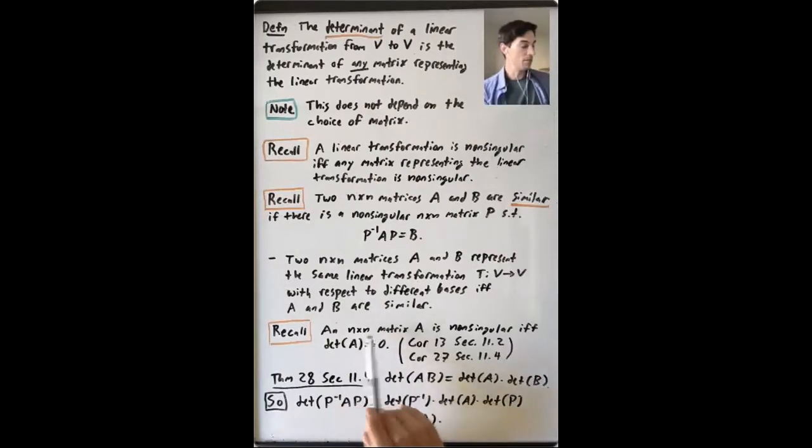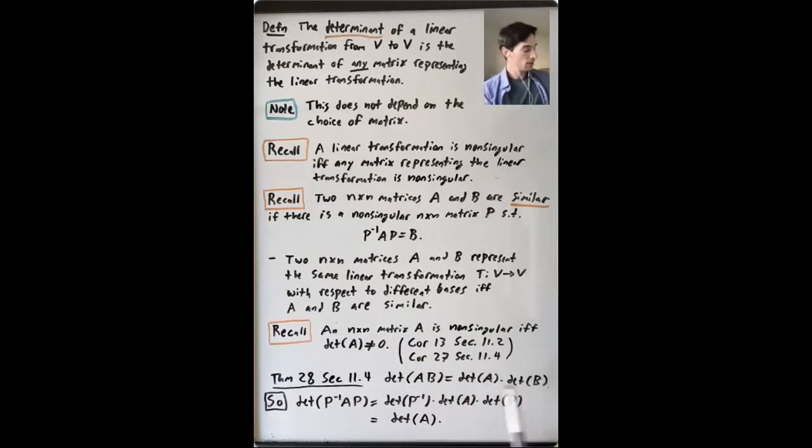Well, an n by n matrix A is non-singular if and only if the determinant of this matrix is non-zero. So we saw that an n by n matrix A is non-singular if and only if it's invertible. And in section 11.4, there's a proof of something that you know from your first linear algebra course, that an n by n matrix A with entries in a field now is invertible if and only if the determinant is not zero.